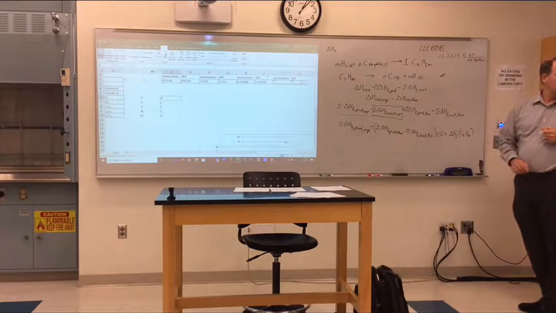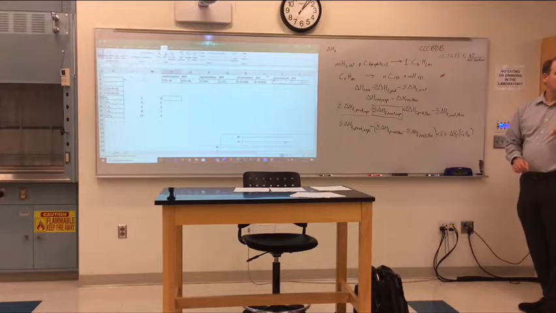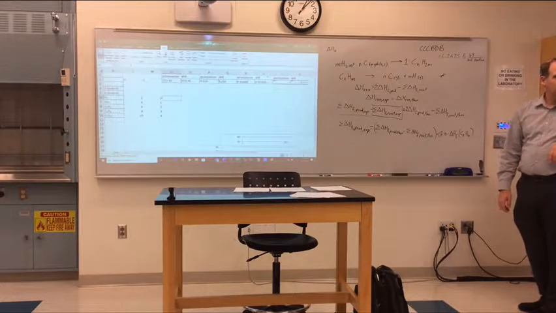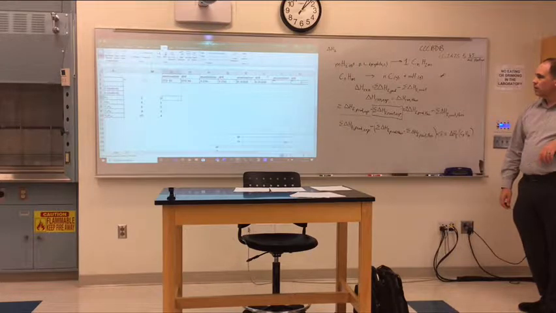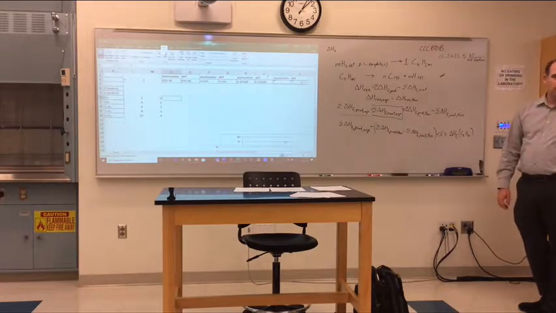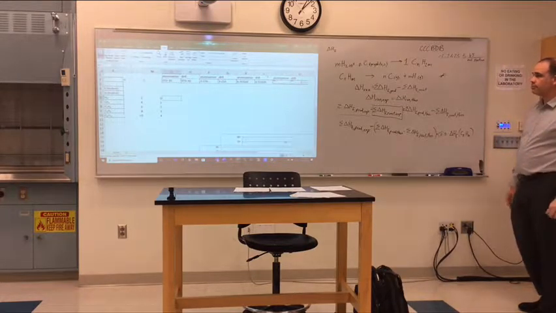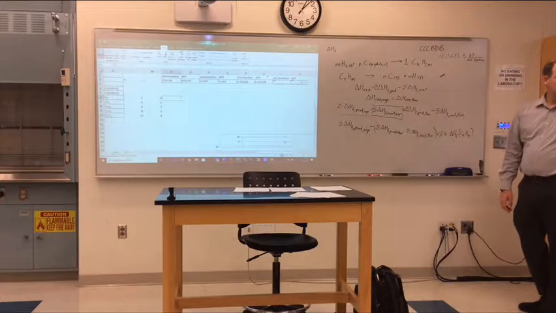How did you paste it? Control C, highlight the region, Control V, or Command C, Command V. So where did that come from? The first one? Yeah, I just copied the first one, pasted it over, and have the values lined up.